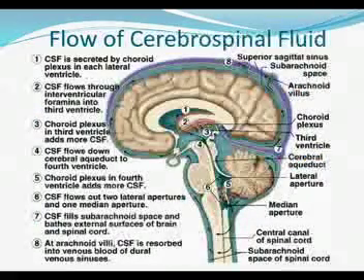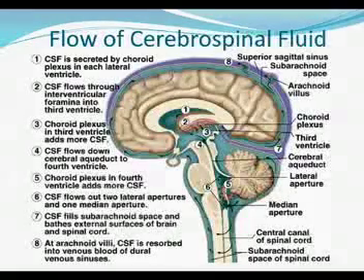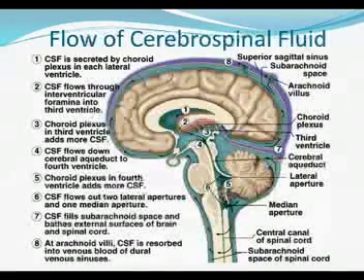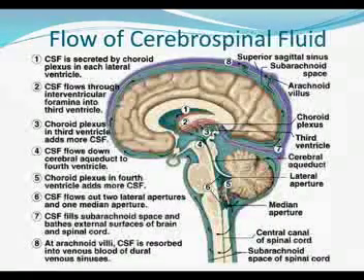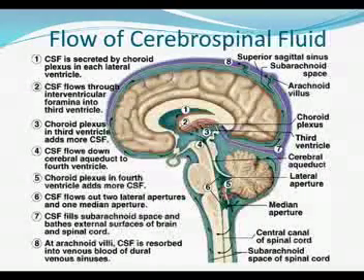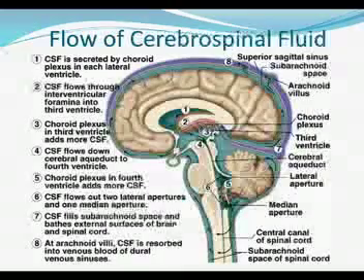Here's a schematic showing the general flow. Again, this is a lateral view. If you look at 1, 2, and 3, you have basically the first three ventricles, the left and right lateral ventricle. In this case, it would be the right ventricle. 3 is the third ventricle, and you can see those wavy structures are all the choroid plexus.